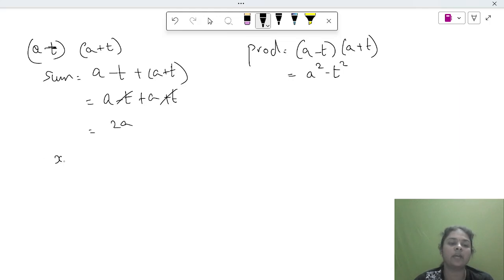So now we get the equation as x square minus sum of the roots x, so minus 2ax, plus product of the roots, plus a square minus t square, is equal to 0. So this is the equation.